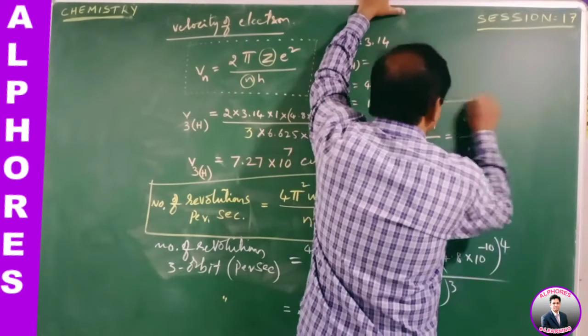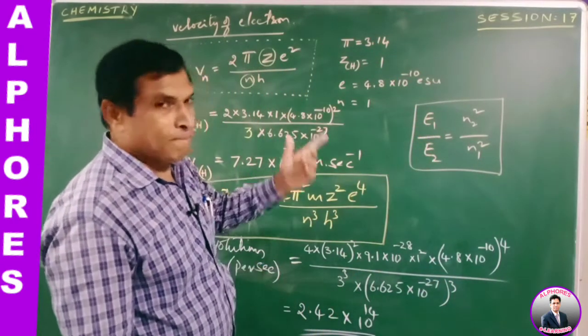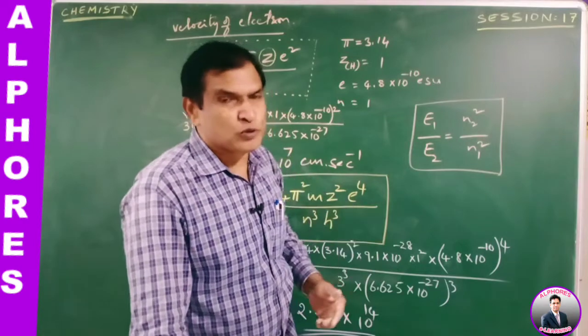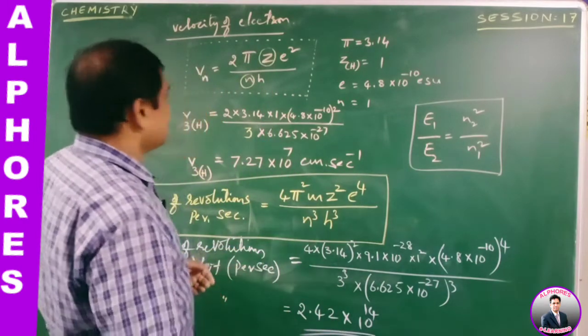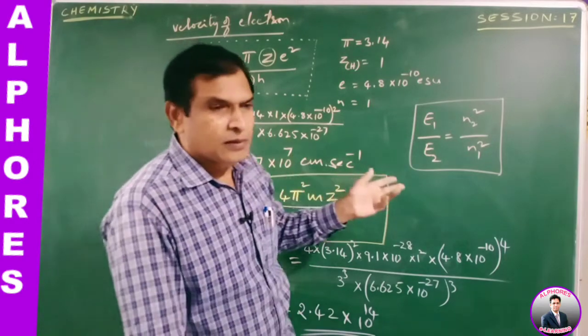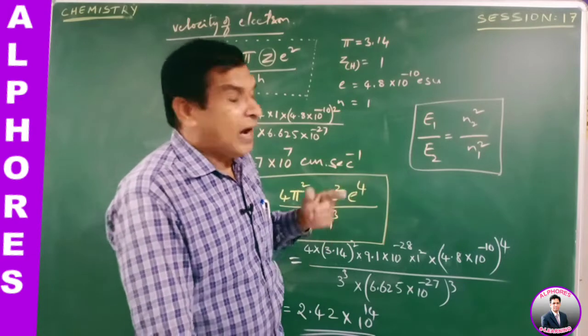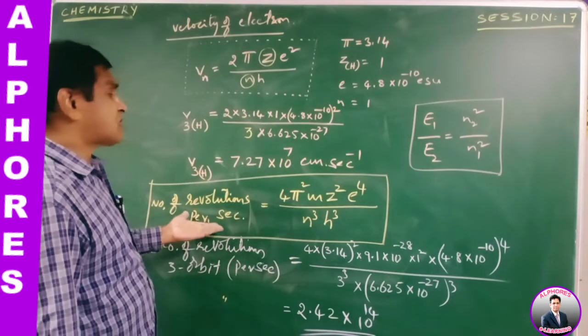Sometimes, in very rare cases, this formula is also important, because energy is inversely proportional to the square of the orbit number. Okay, right. So we completed energy, and we completed velocity, and we also completed the number of revolutions per second.